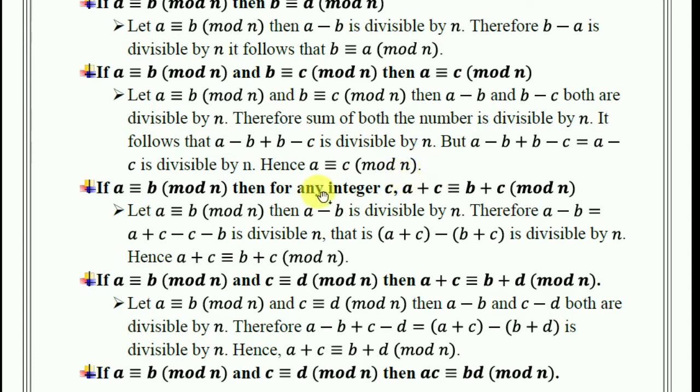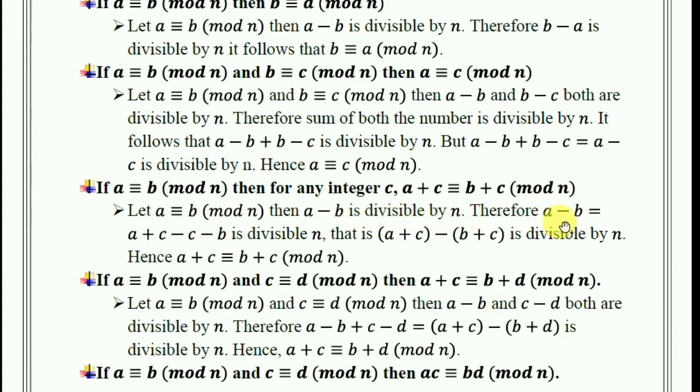Okay. So now the next property: if a is congruent to b mod n, then for any integer c, a plus c is congruent to b plus c mod n. This is also an easy proof. You can easily prove this property. Let a be congruent to b mod n, it means a minus b is divisible by n.